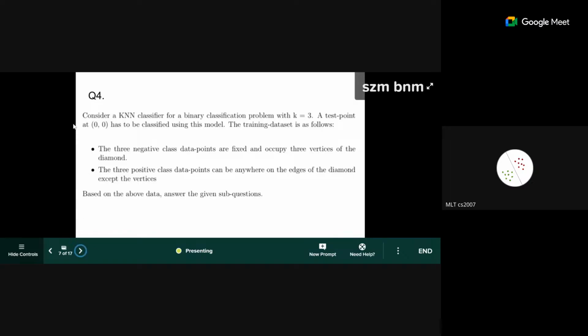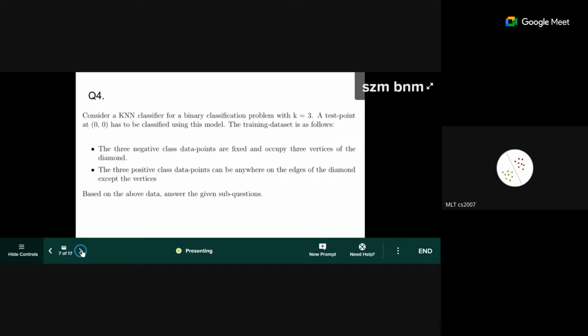So again, you have a KNN algorithm, a KNN classifier for a binary classification problem with k equal to 3. You have a test data point which is (0, 0), and you have to predict the label for this point. There is a figure that I will show you.